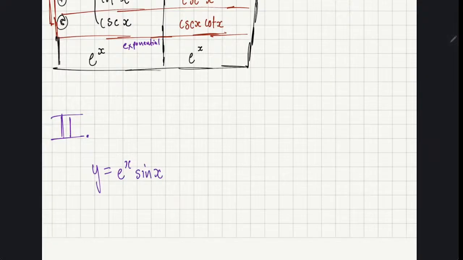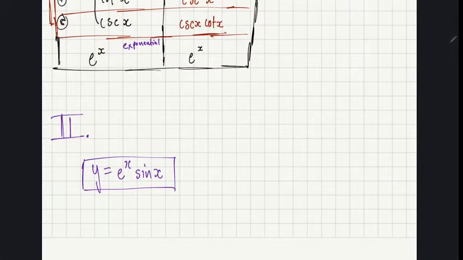You know how to differentiate e to the x when it's alone. We have it in the table. We know how to differentiate sine x when it's alone. We have it in the table. But what do we do when they are now multiplying like this?